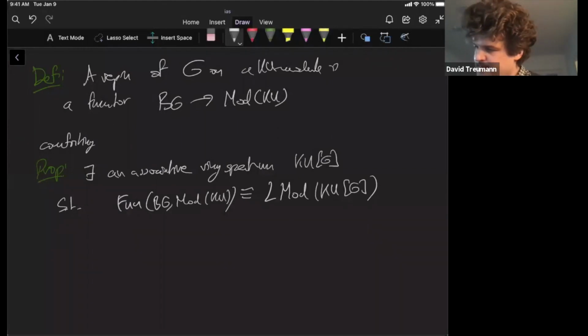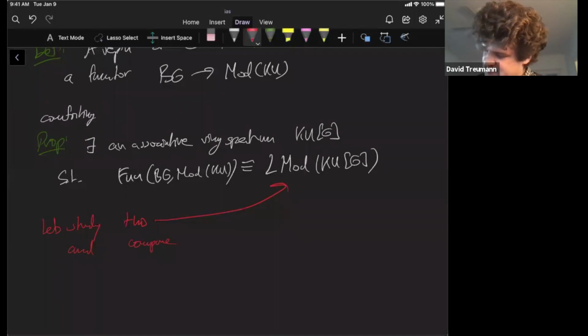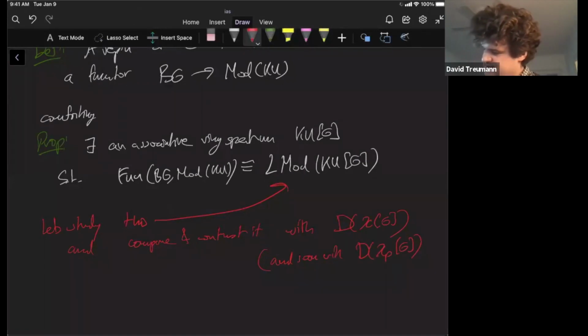All right. So let's study this category, and compare and contrast it with the derived category of the group algebra of G, or, and soon, with the derived category of the group algebra with p-adic integer coefficients.